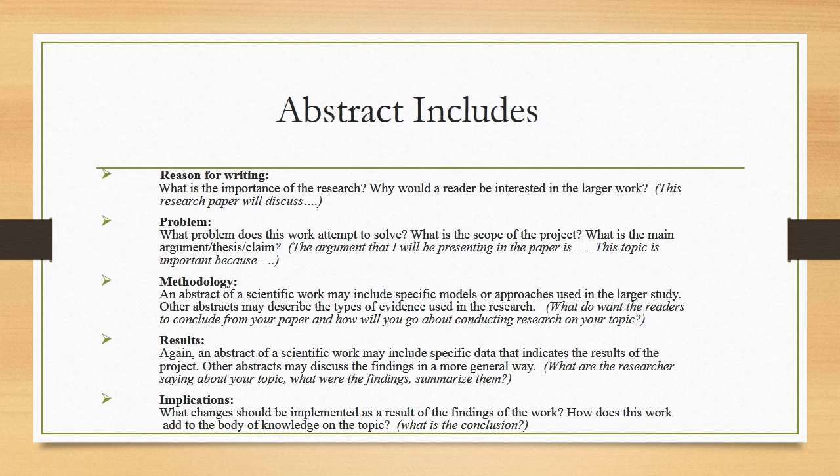Your abstract should include what your research paper is about and why it is important to the readers. What argument will you be presenting in your paper, and how will you go about conducting research, and what are the researchers saying about your topic, and what do you want the readers to conclude by the end of your research paper, and what research findings will you present to support the claims that you're making in your research paper.